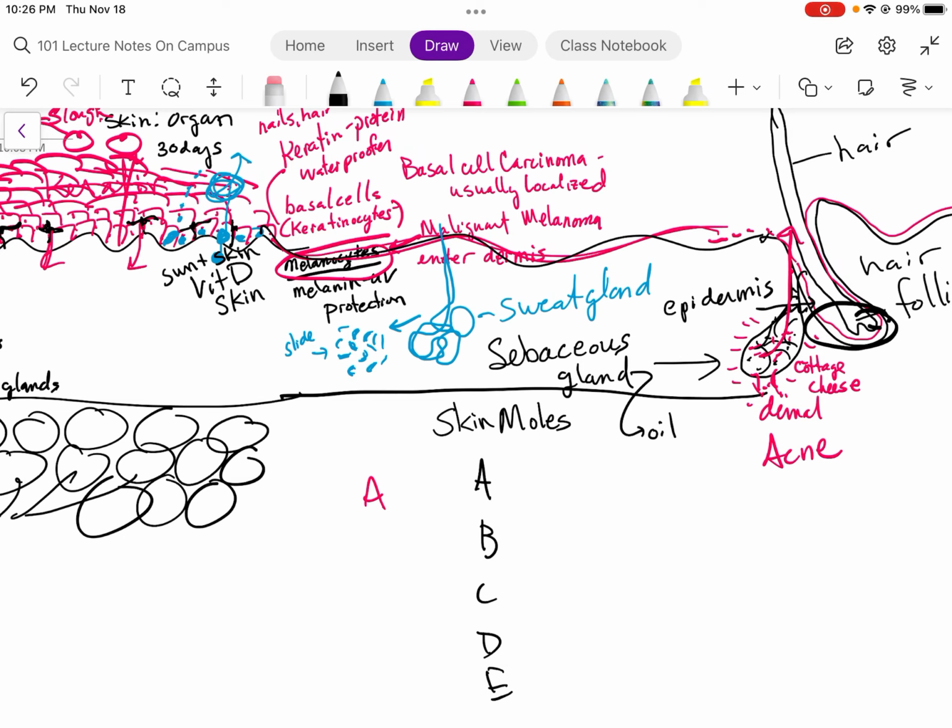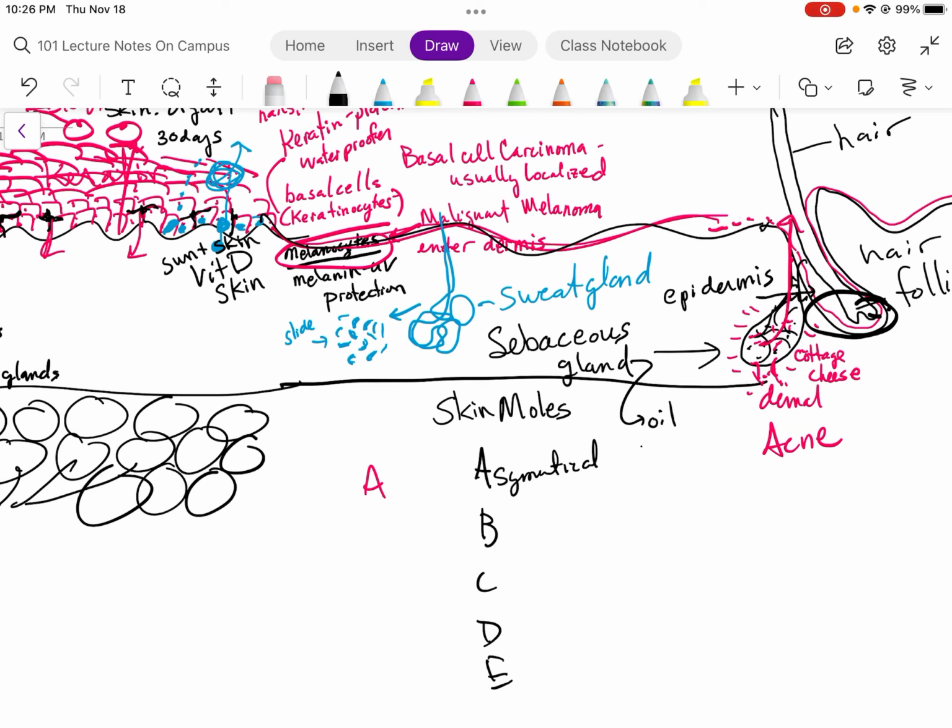So these are skin moles. So asymmetrical. If a mole is asymmetrical, which means it's not round, but instead is like this kind of shape, that would be asymmetrical. If the border is uneven, so if instead of being a clear border like this, it has a very uneven border like that, that would be a bad thing.